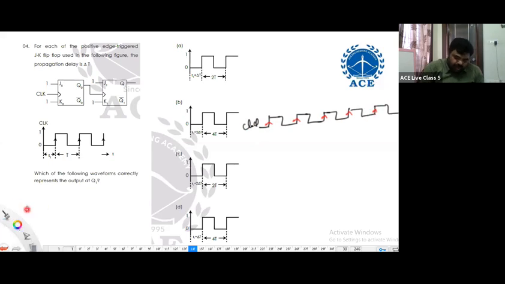It is delayed by delta, which is the flip-flop delay. Q0 is delayed by delta. Everywhere it is delayed by delta. This is Q1. What about Q1? Again, complementing at every positive edge.